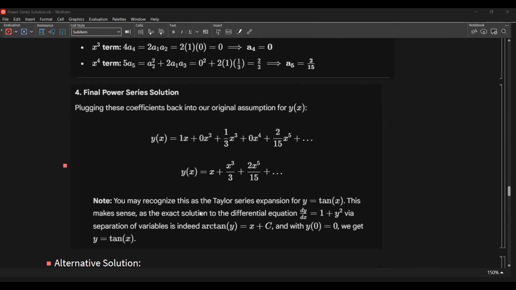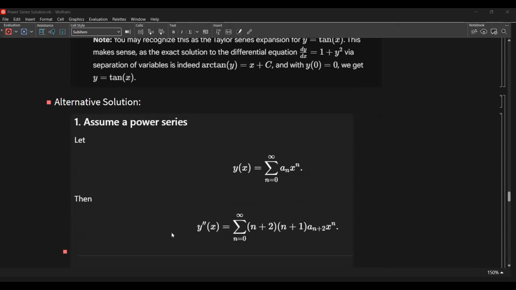Now, you may recognize this as the Taylor series expansion for y equal to tangent x. So this makes sense as the exact solution to the differential equation dy over dx equal to 1 plus y squared. Via separation of variables, it is indeed arctangent y equal to x plus c. And with y of 0 equal to 0, we get y equal to tangent x. So the solution here is tangent x.